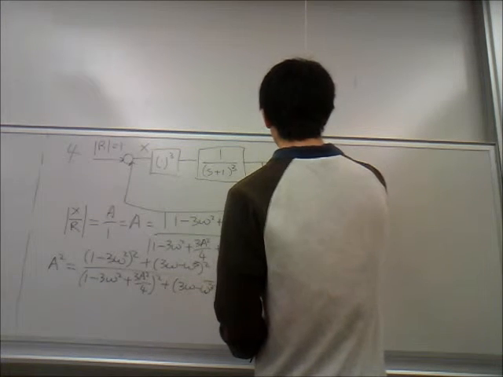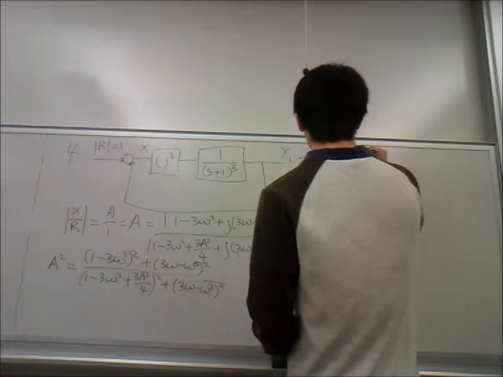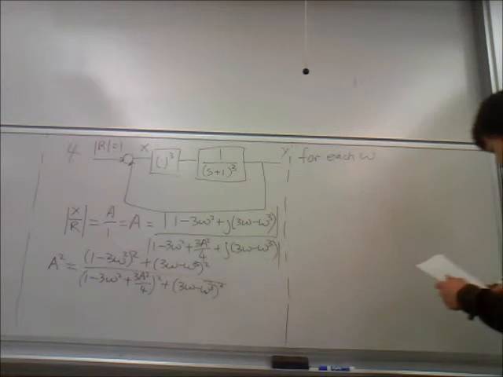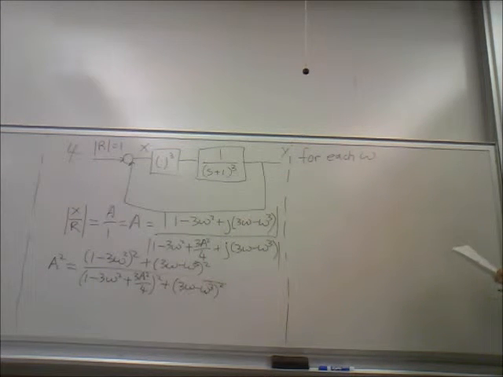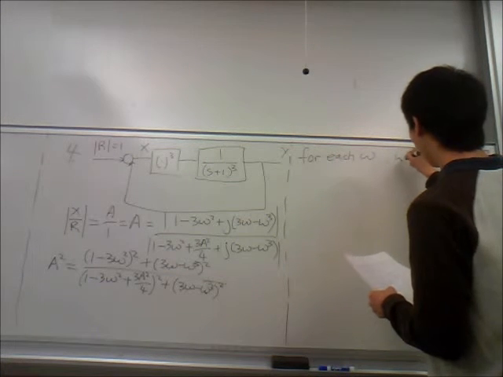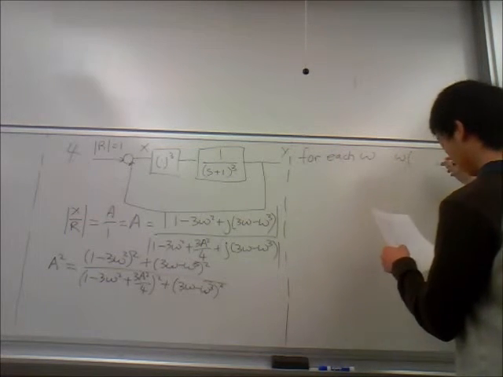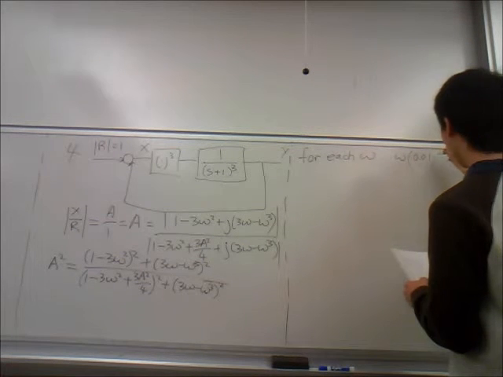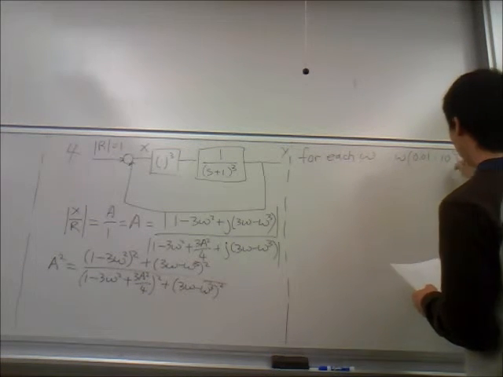So for each omega, I tried something like omega from 0.01 to 10 or something like that.